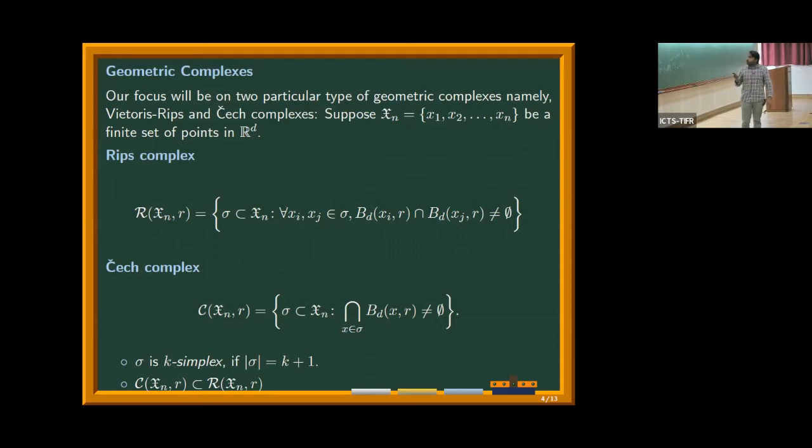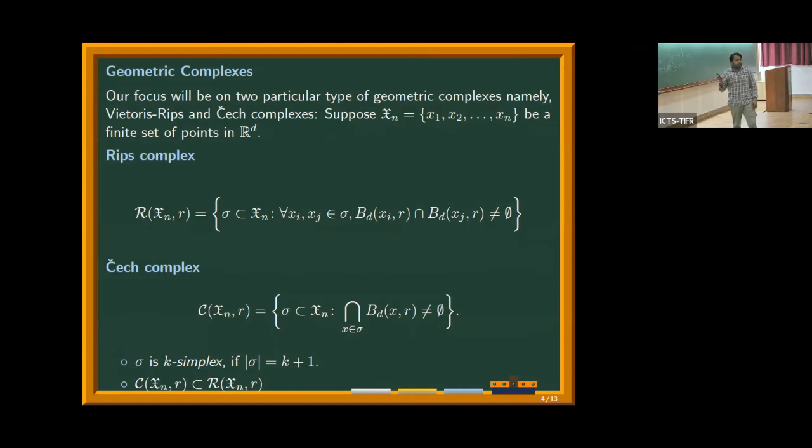Suppose you have a finite set of points in R^d, and both complexes are just collections of subsets of this finite point set. So in the Rips complex, you collect all the subsets of X_n which satisfy this geometrical constraint. That is, you take any subset and draw the ball of radius r around each point and look at the pairwise intersections.